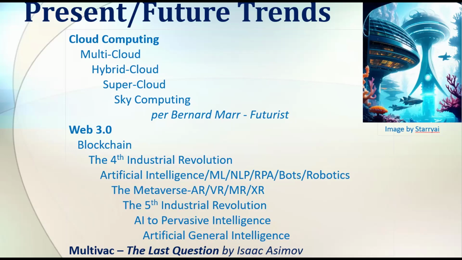Multi-cloud, hybrid cloud, super cloud, sky computing. Bernard Marr is a pretty sharp guy, a futurist. Then some other technologies: Web 3.0, blockchain, the fourth industrial revolution, the fifth industrial revolution. We talked AI, machine learning, natural language processing, robotic process automation, bots and robotics.